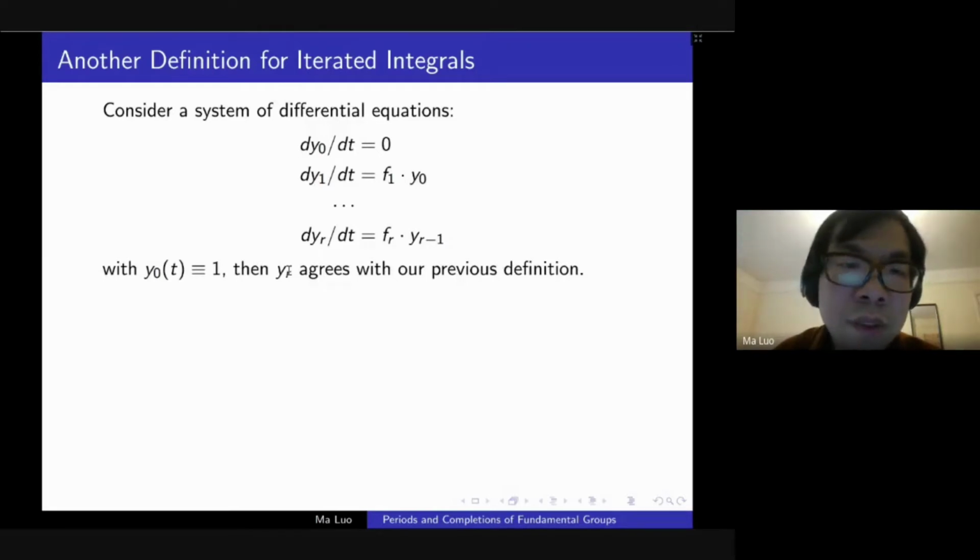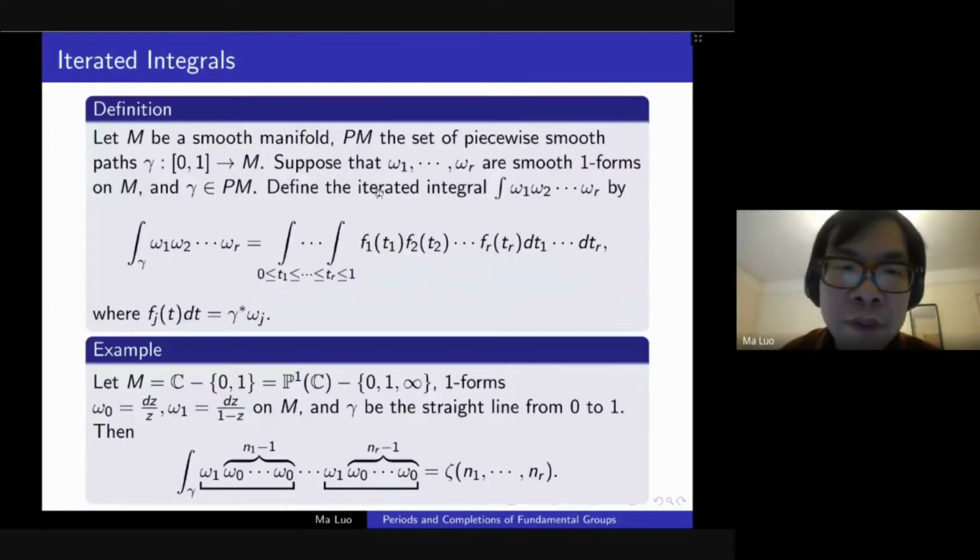And then the end result, y_r, would agree with our previous definition. I didn't put the paths of integration, but for each of these r integrations, it's the same path. You do this r times, and then you get the same result as this iterated integral at the end.